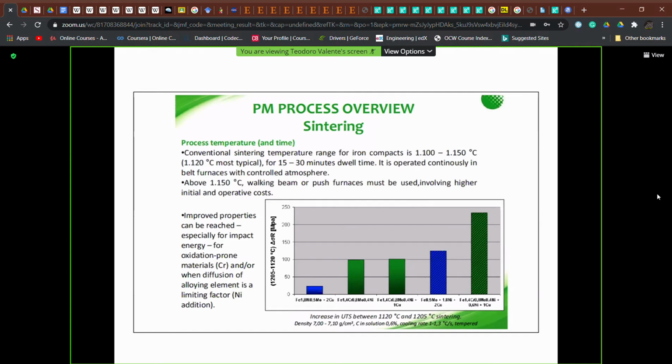We are talking about processes in which the temperature requested to develop solid state diffusion for sintering is higher than 1000 Celsius. They usually are in the range 1100, 1200 Celsius.